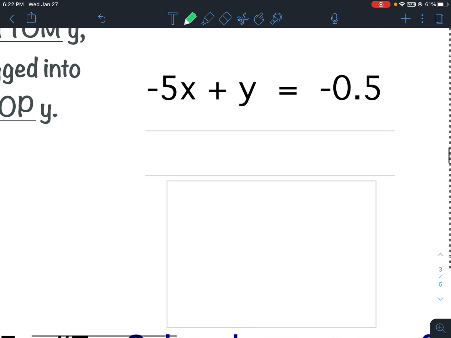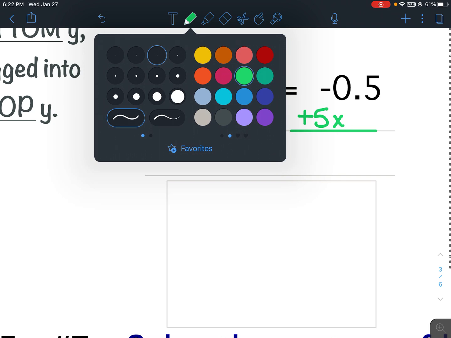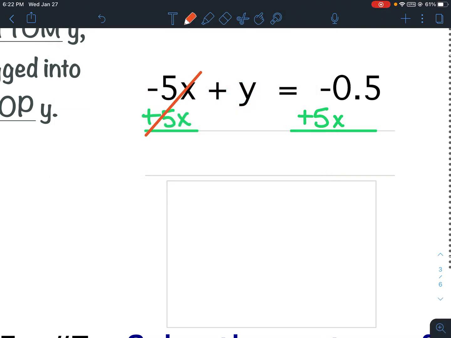Okay, I'm going to solve for the bottom y by first adding 5x to both sides. So I'm going to cancel out the 5x terms, bring down my y, equals 5x minus 0.5.